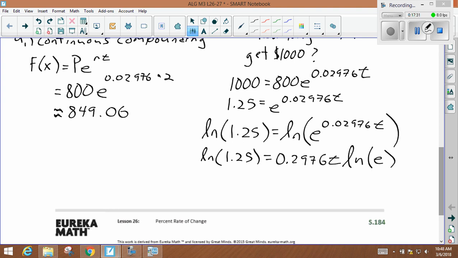Yeah, so what is log base e of e? 1. So all I have left is, sorry, that should be a 0 there. I missed a 0. 0.02976 t. Boom!